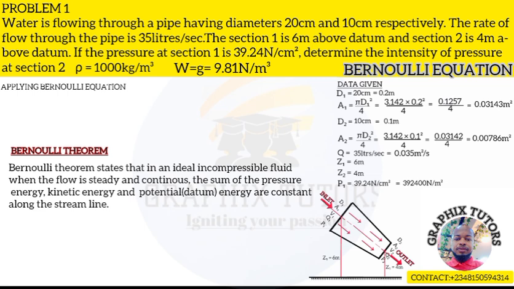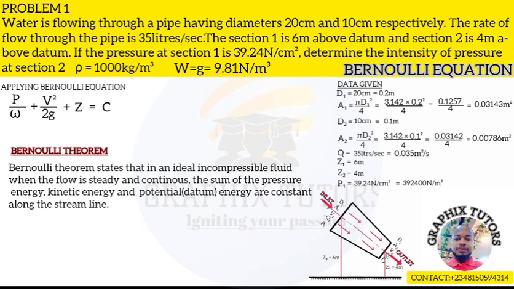So my pressure head, which is P all over the specific weight, plus the velocity square all over 2 times gravity, plus the datum Z, equals C. They are all constant. That is what the law is telling us.